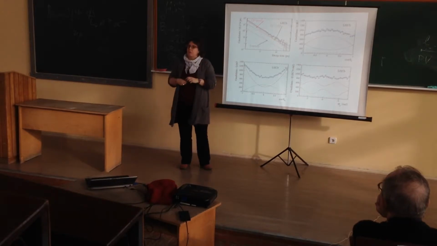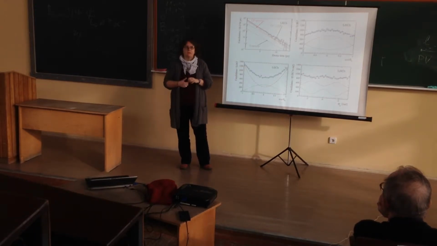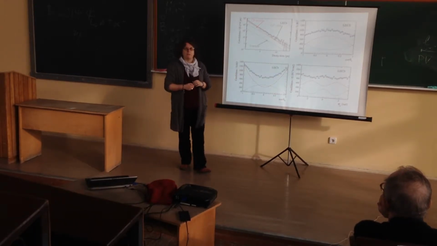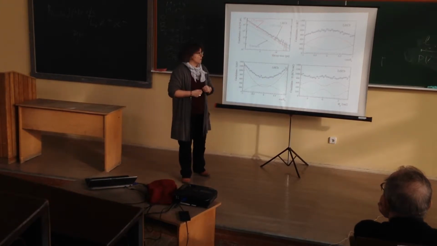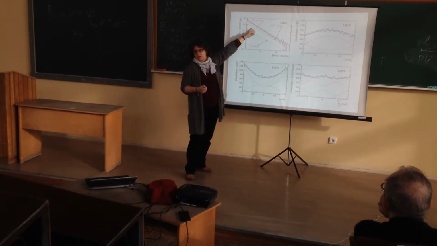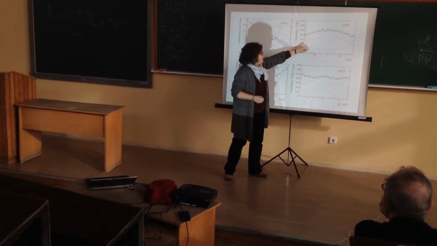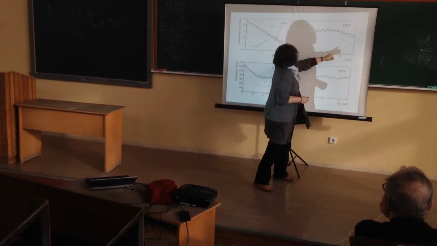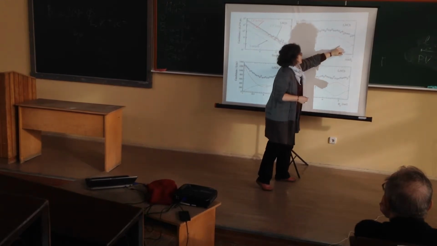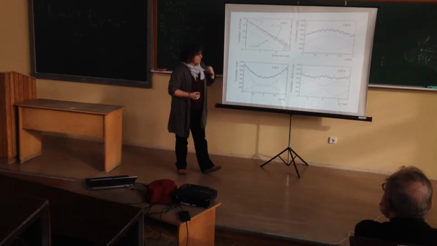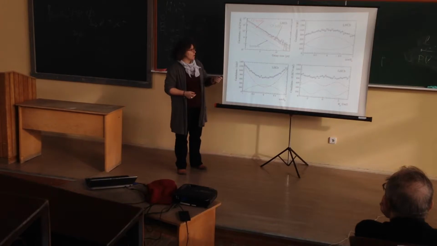How am I able to recognize CP even and CP odd? Not from the time, really, but from the angle. You see, this is CP even in red and CP odd in green. How different they are in the angle?